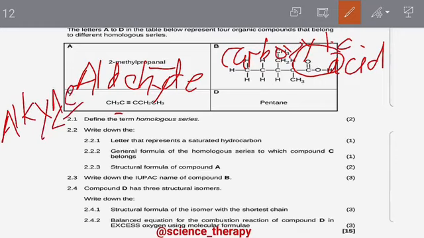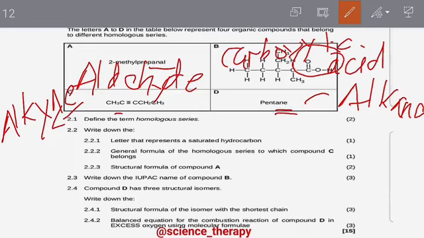And then compound D, from the suffix "ane", we can tell that this belongs in the alkane homologous series. Now that's what you do before you even read the questions. Try to fill out the names of the homologous series of each and every compound, and then you can go and read the questions.